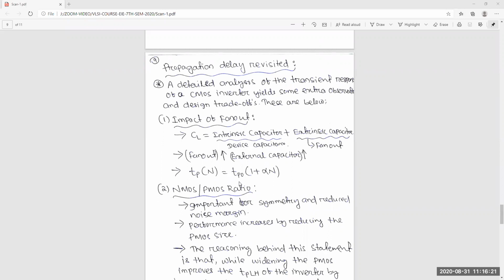The fan out effect is added to the CL. You already know intrinsic capacitance and extrinsic capacitance. That extrinsic capacitance is nothing but the fan out. Fan out means the cascaded inverters at the output of that first inverter. The capacitance due to them is called the extrinsic capacitance, also called fan out.